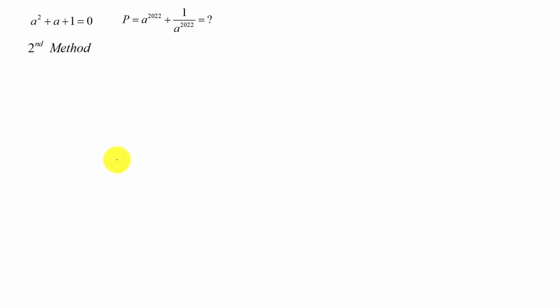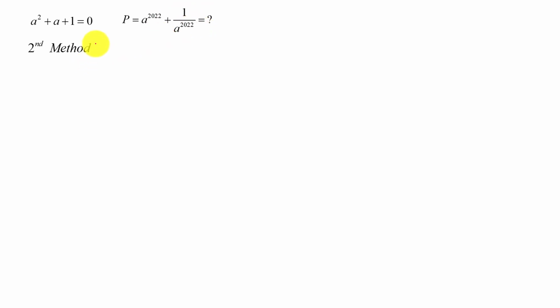We have the equation a² + a + 1 equals 0, and P equals a^2022 + 1/a^2022.